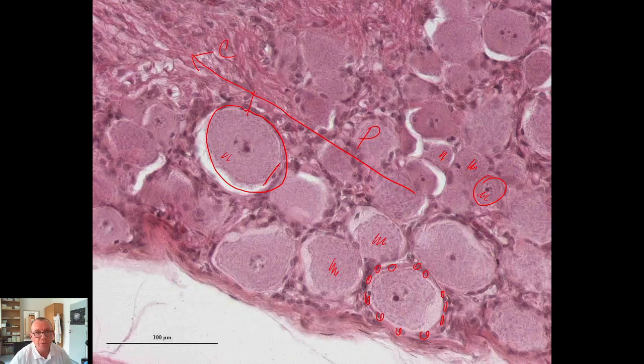So pseudo-unipolar neurons, satellite cells, and of course their axons, or there can be also axons going through the ganglion, but usually there are axons of these our pseudo-unipolar neurons, either central or peripheral branches, and they can be myelinated in the ganglion. The whole ganglion has got a capsule which is continuous with the epineurium, and of course there is some connective tissue among the ganglionic neurons, which is also continuous with endoneurium.